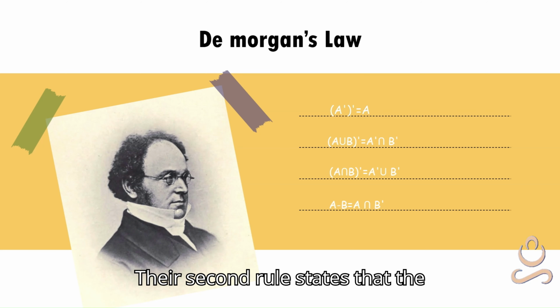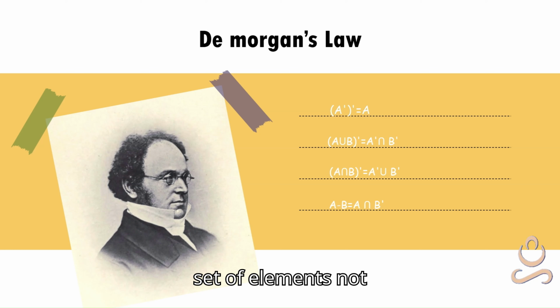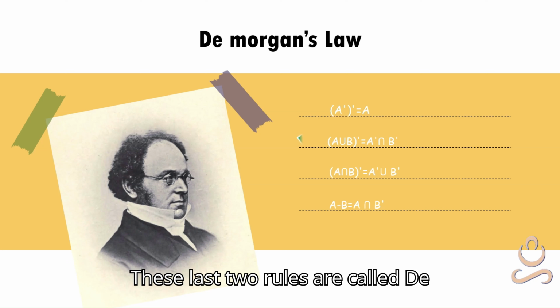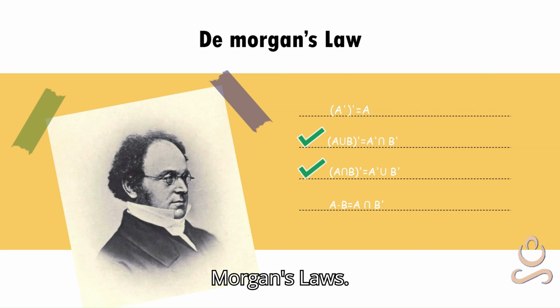The second rule states that the set of elements not present in the union of two sets is the same as the set of elements absent from both A and B. The third rule states that the set of elements absent in the intersection of two sets is the set of elements absent in either A or B. These last two rules are called De Morgan's laws.